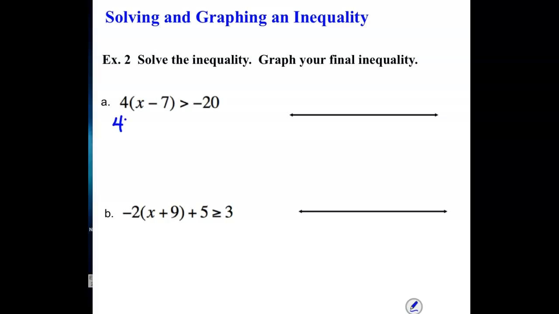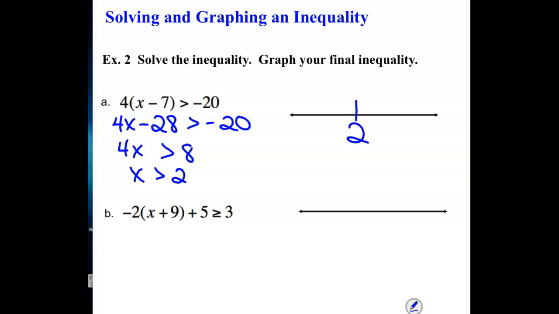Distributing the 4, we get 4x minus 28 is greater than negative 20. Then what? Add the 28, so 4x is greater than 8. And then we divide. Are we dividing by a negative number? No. So dividing the 4 over, we've got x is greater than 2.